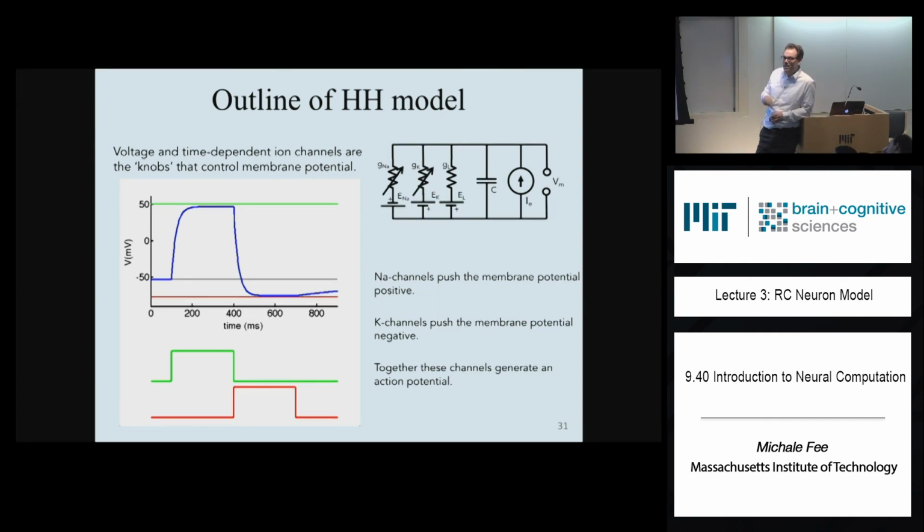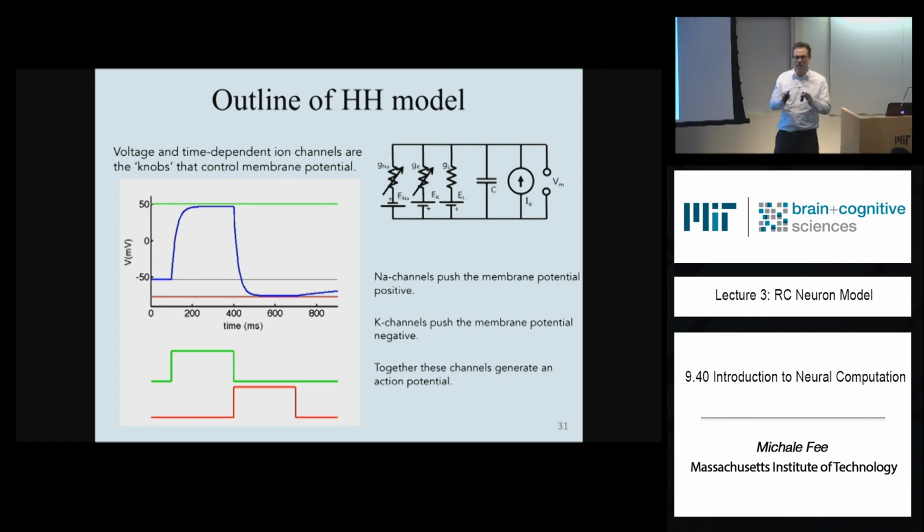Okay? The Nernst potential that we calculated is calculated only for the case where you have one ion. If you want to calculate the equilibrium potential when you have multiple pores open, then you have to use a different method of calculating.